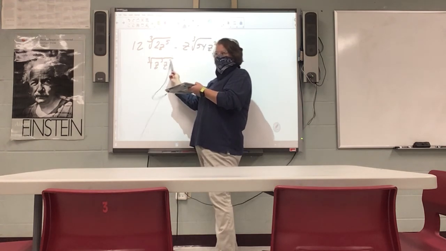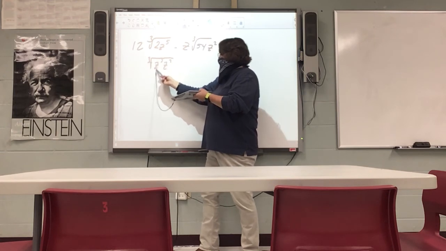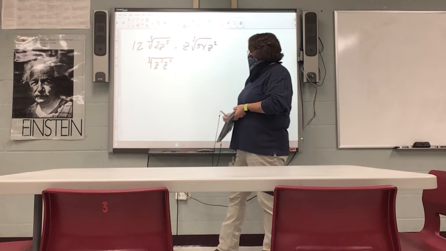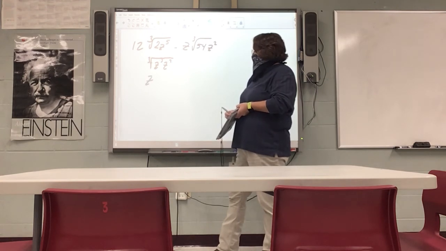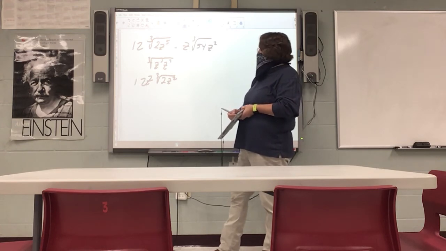Because 3 plus 2 makes 5. Why did I want to do that? Because now cube root and cube, I can bring the z out. So I get to bring a z out, and then that z squared will have to stay in there with the 2. And then we already had a 12 out, so don't forget to drop that down.